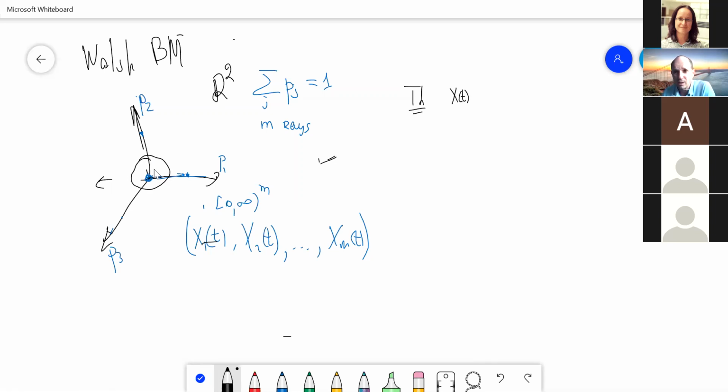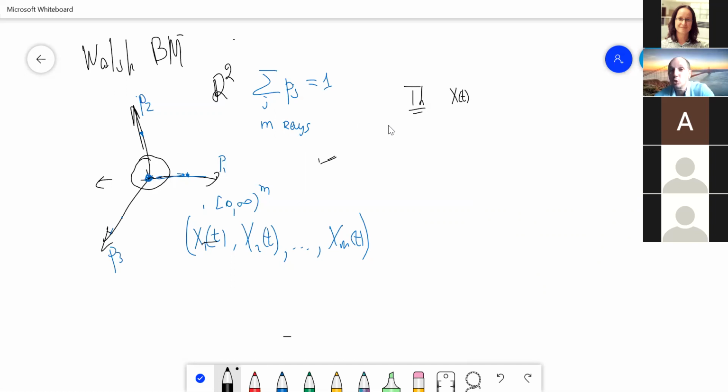And if this limit exists, you say that this limit is the local time at 0. The result is the same for different realizations in Rm or R2.